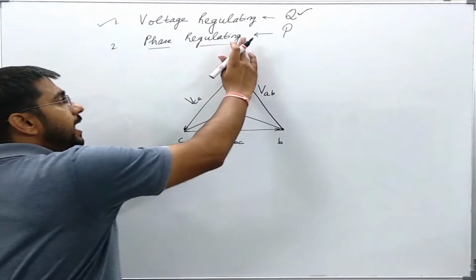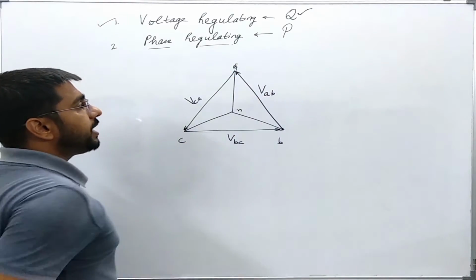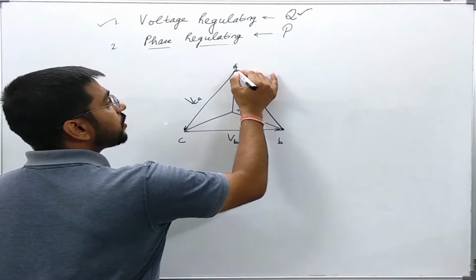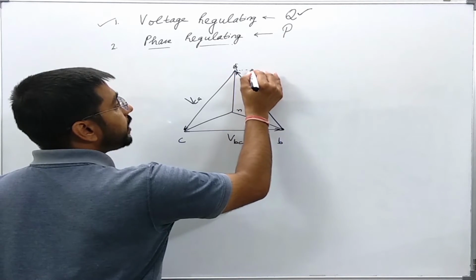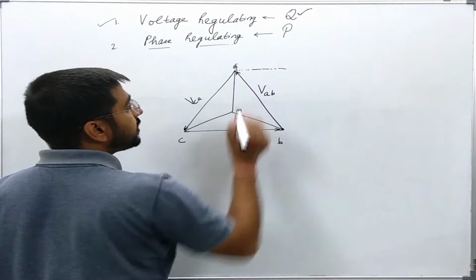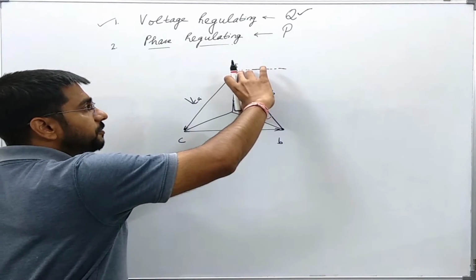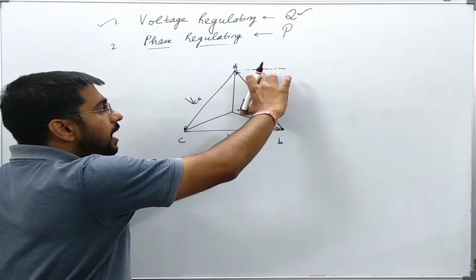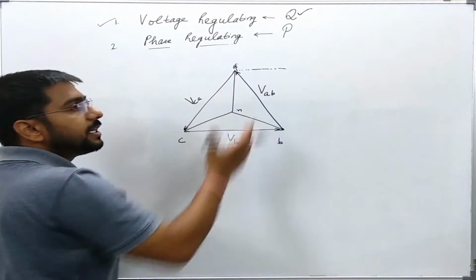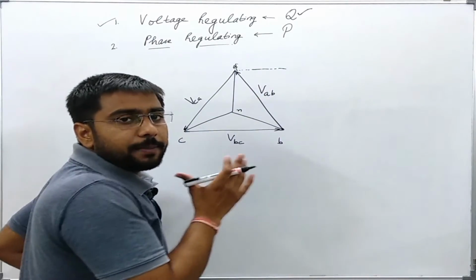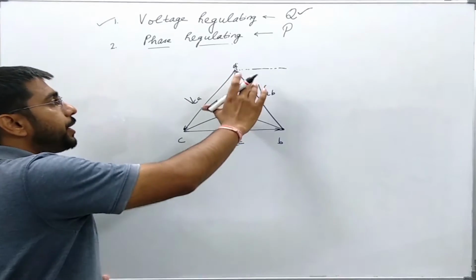However, if I add or subtract any quantity which is in quadrature, or 90 degree angular phase difference like this, then the magnitude will change very marginally, that is very low. However, the phase angle will be changed by a big amount as compared to the magnitude.